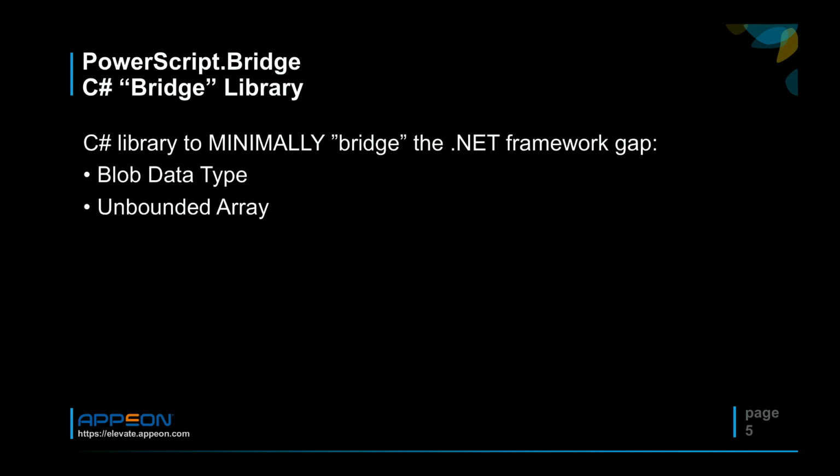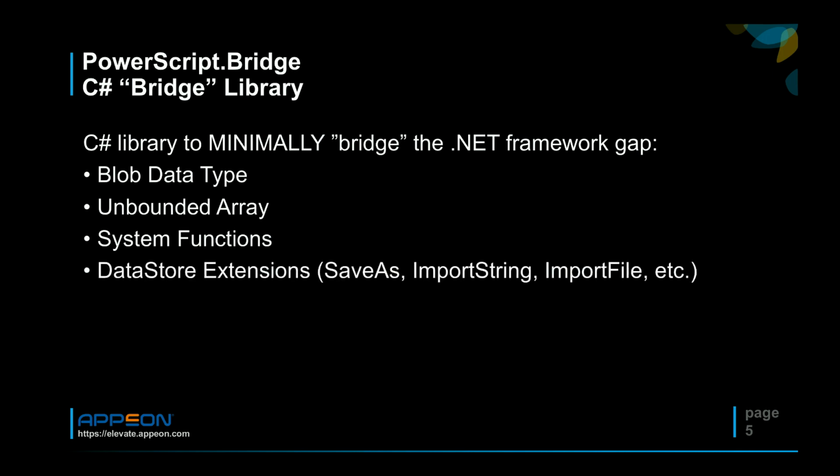So we feel that it's worthwhile to use a bridge library for that. There's going to be certain system functions that we were not able to map to standard .NET system functions that were very PB specific, and so we provided some of those system functions in a standard way.